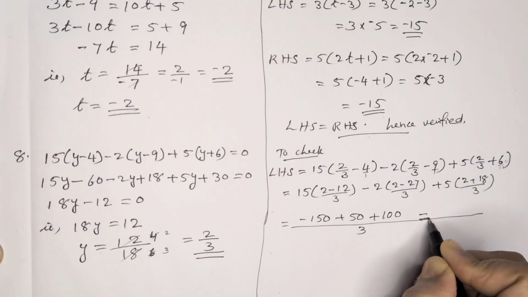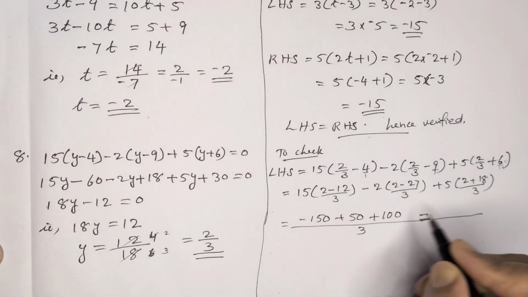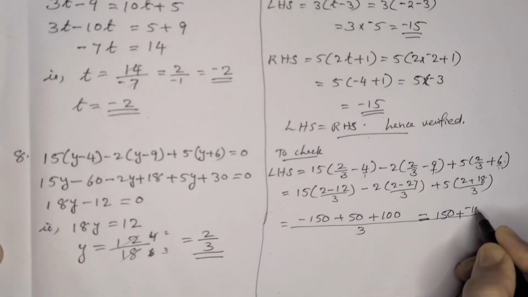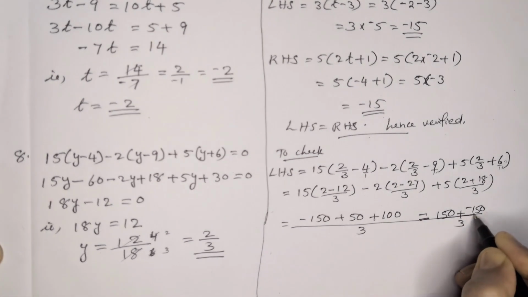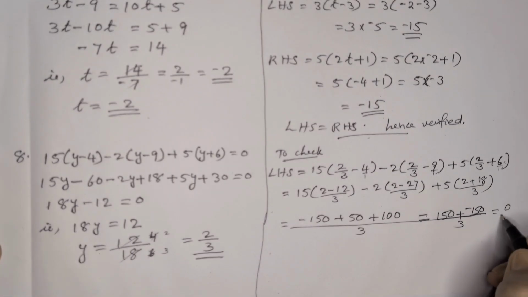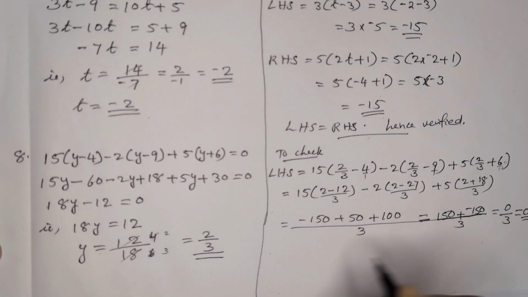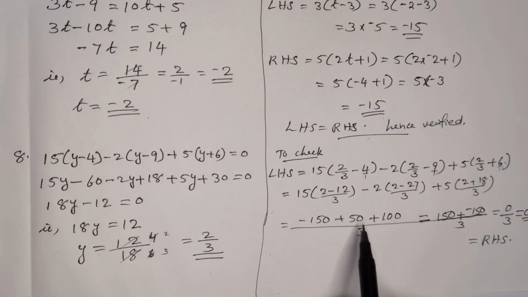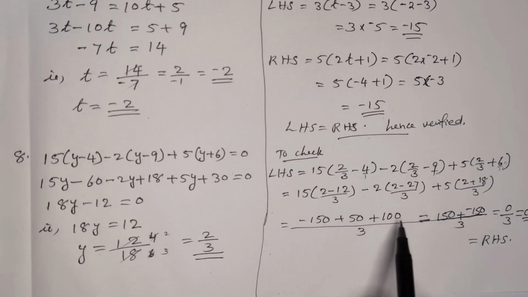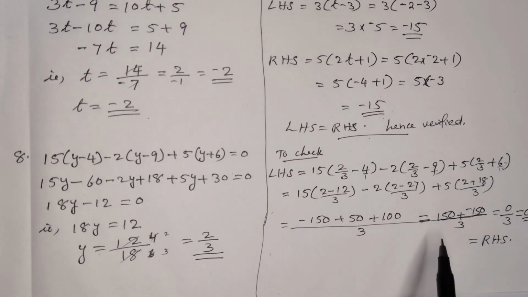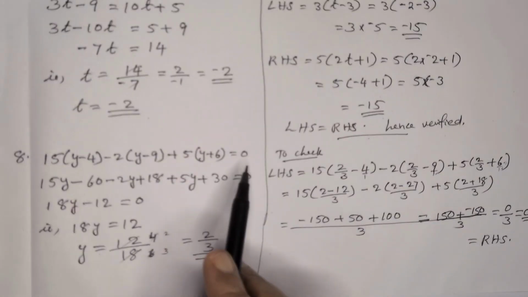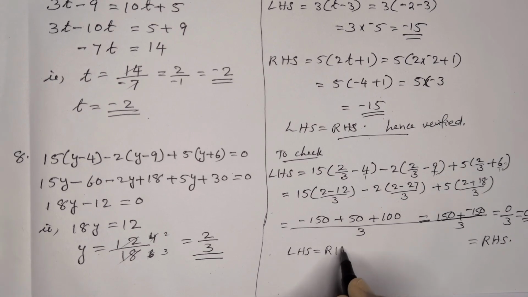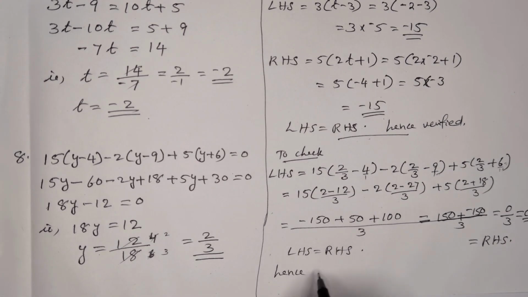Now we are getting 100 plus 50, 150 positive, and then plus minus 150, divided by 3. That means 0 divided by 3 is equal to 0. Negative 150 and positive 150 will become 0. 0 by 3 is 0. So that is the same as the RHS. So we can write LHS is equal to RHS. Hence verified.